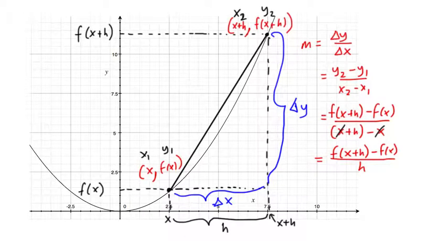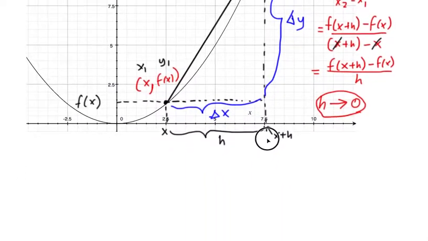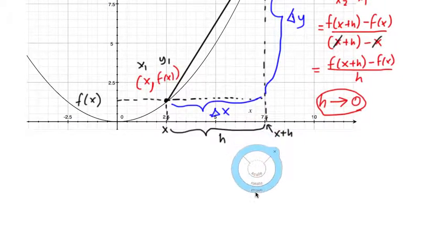If you think about it a little bit more, h has to get smaller and smaller. In other words, h has to go towards 0. Now, where have we seen this concept where a number goes towards 0? Where we saw this before was the concept of a limit.